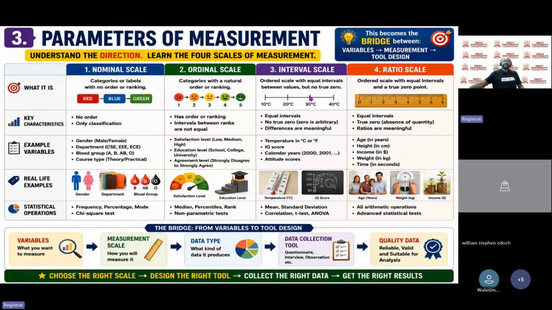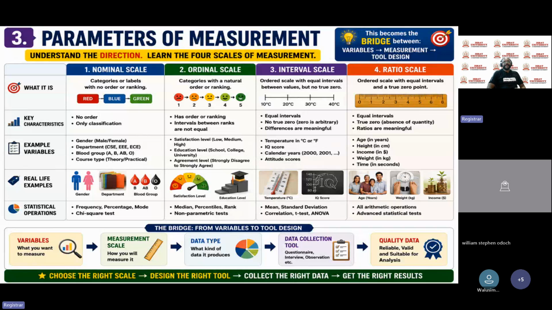So it is equal difference or equal intervals. The difference between 10 degrees Celsius and 20 degrees Celsius is the same as between 20 degrees and 30 degrees Celsius. So it is equal intervals. I hope this reduces the confusion between ordinal and interval scale.